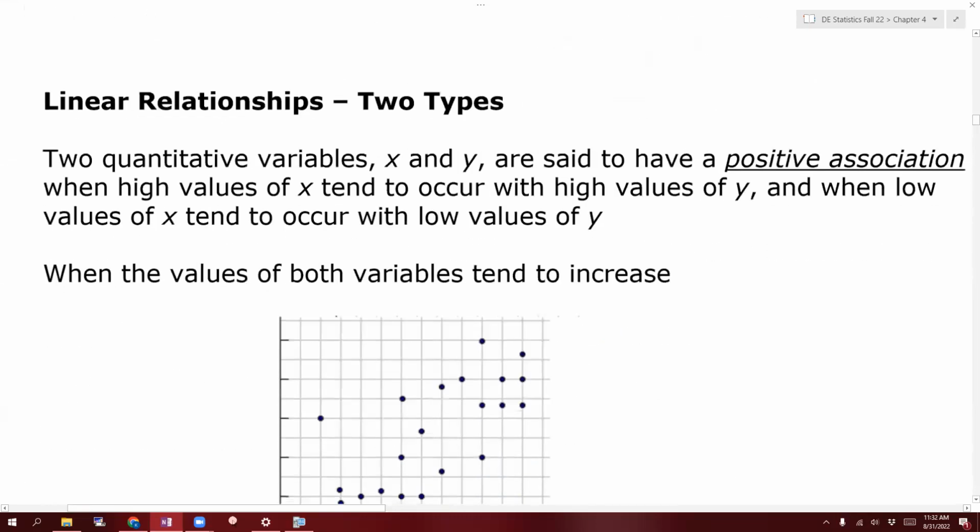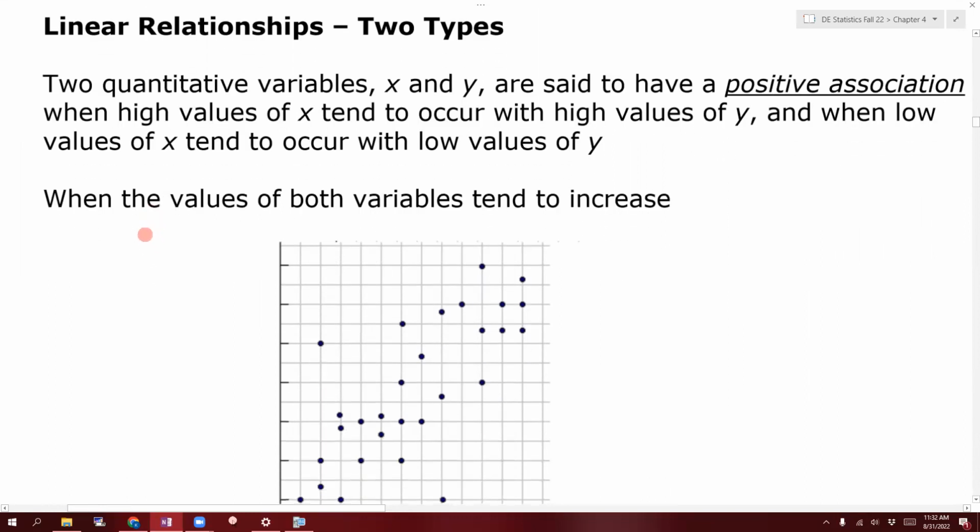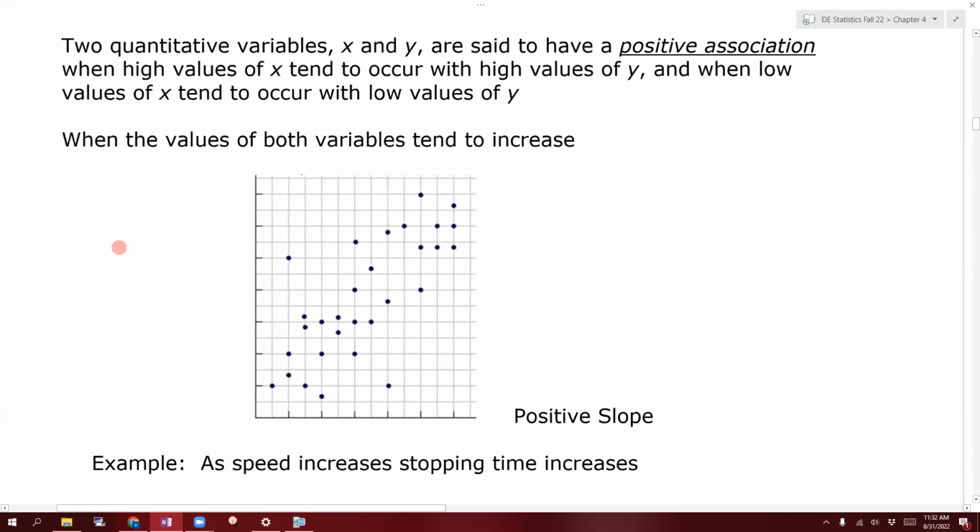So we talked briefly about the two different types of linear relationships, and those are positive and negative. When we have a positive association, you can think of that as a positive slope, meaning as I increase my x value, my y value will increase as well. Now, that doesn't mean you won't have some points that don't fit directly in.